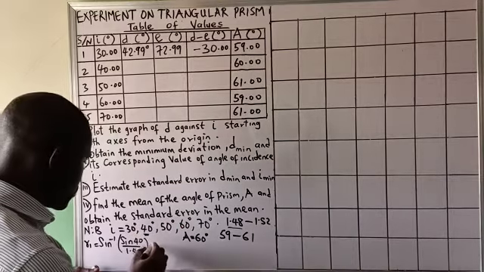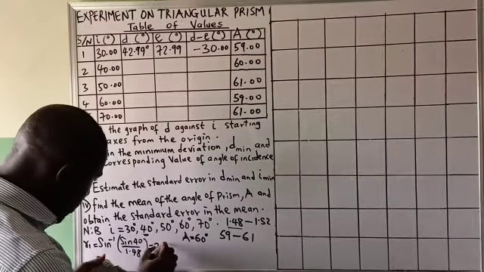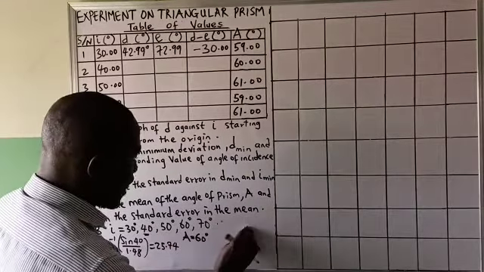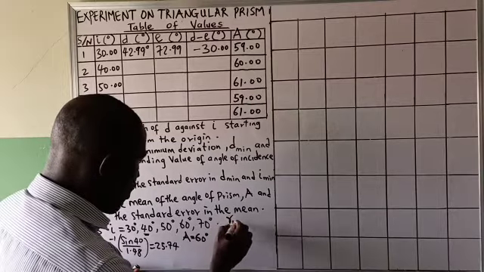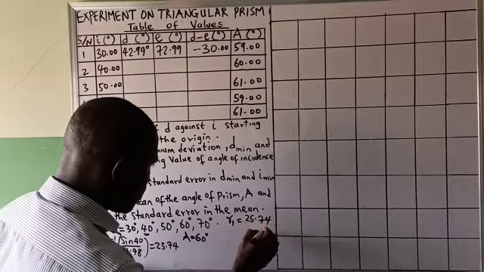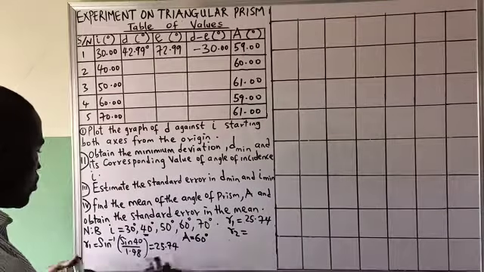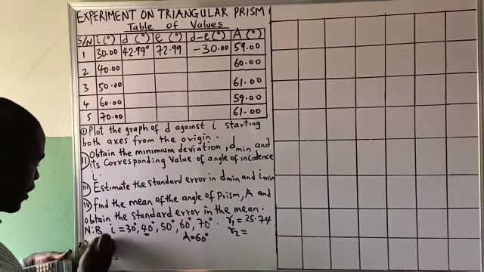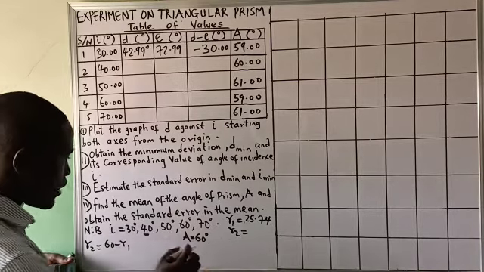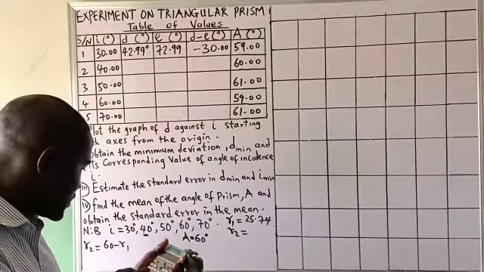That will be giving us 25.74. Okay, so what we now do is that we say our R1 for the next one is 25.74. Then our R2 will be equal to, we say from our formula also that R2 is equal to 60 minus R1. Then 60 minus what is our R1? 25.74.